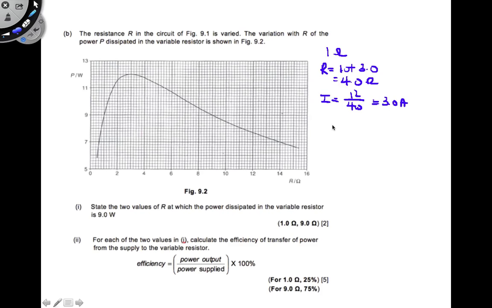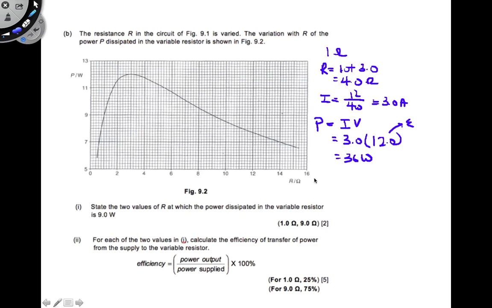To find the total power supplied, P equals IV. In this case, 3.0 multiplied by 12 volts, which is your EMF, and you get 36 watts.